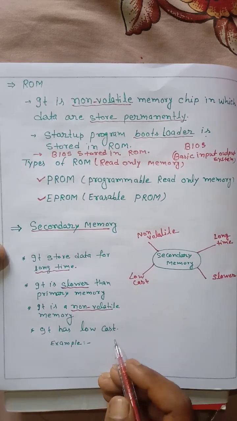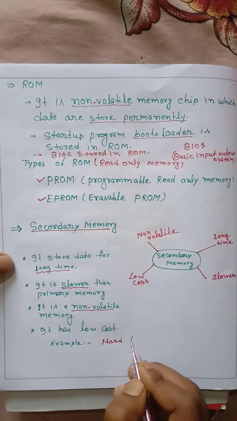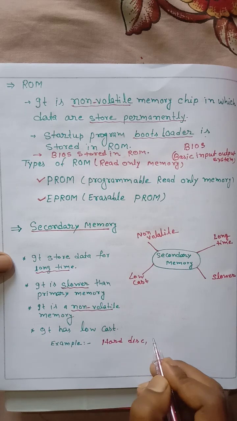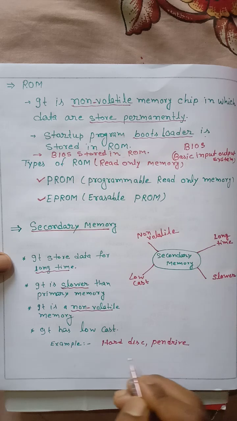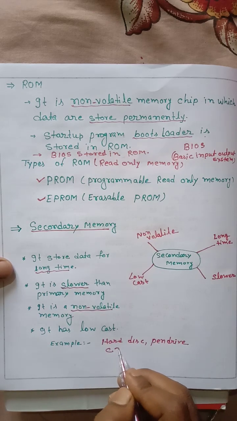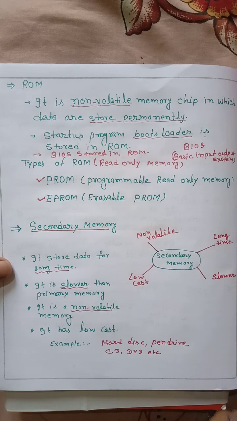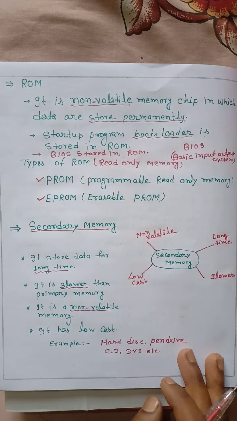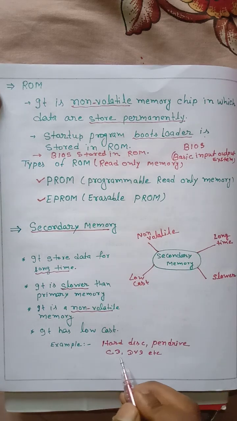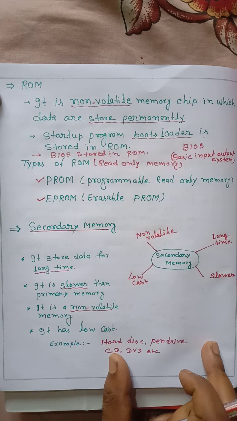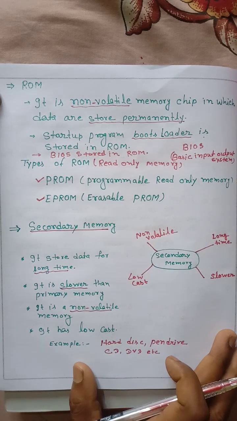For example, hard disk, pen drive, CD, DVD, etc. Now we are here to know about some full forms related to the primary memory and secondary memory.